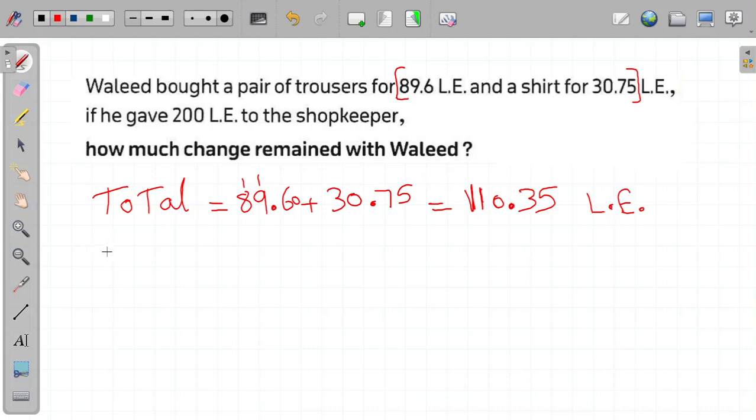But I want to know how much change remained with Walid. So I will say change equals, he gave 200 pounds to the shopkeeper. So I will put 200 pounds first and I will subtract 110 and 35 hundredths.